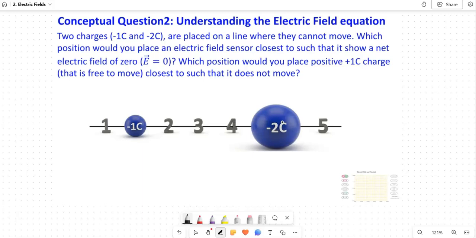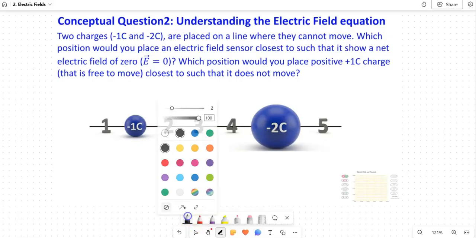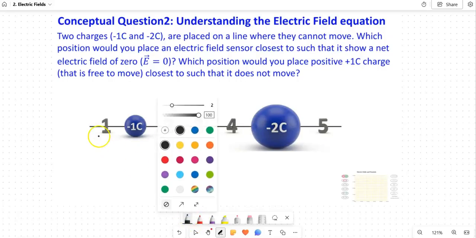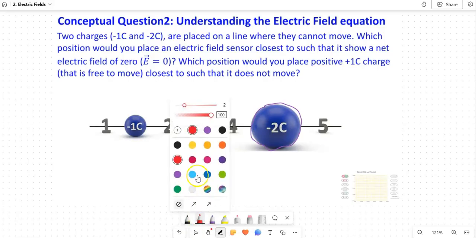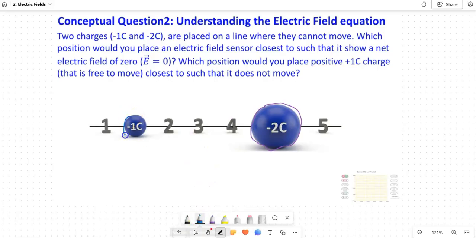Okay, let's start on the outside. Actually, start at the center. Do it a little bit differently. So this is now going to be the purple charge, which is the 2 Coulomb charge. The 1 Coulomb charge is going to be blue.